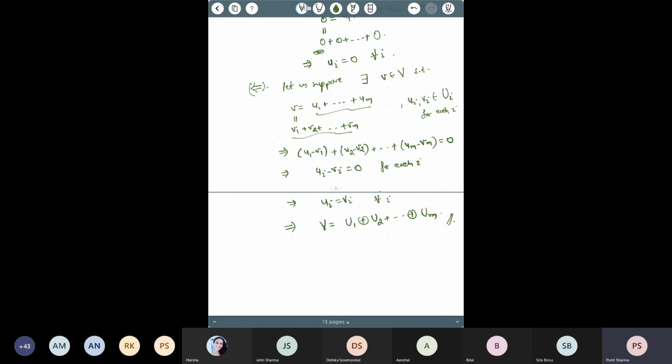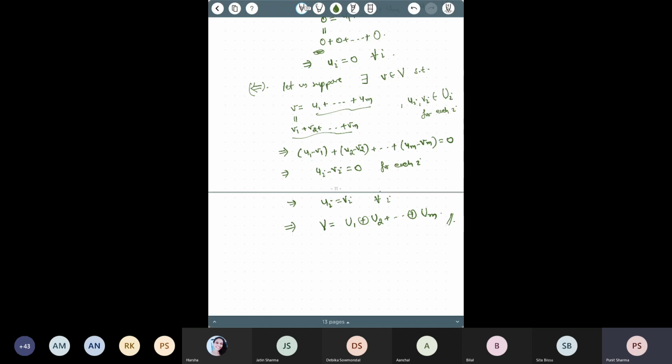Fine. So now you have a way to check whether a given vector space is a direct sum of given subspaces or not. But then you said that initially, before this result, you said some result using the intersection. In fact, when you are given only two subspaces, then that argument will work.